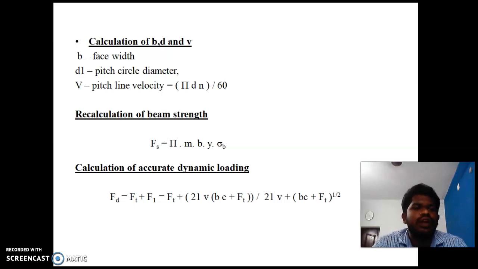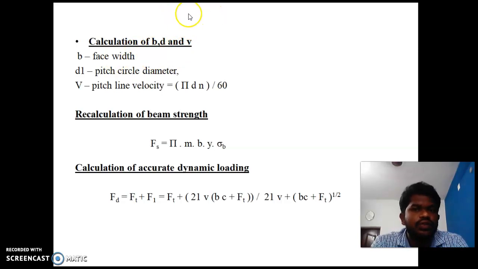From this module value we calculate the face width b, d1 the pinion pitch circle diameter, and the pitch line velocity. We initially assume b, the face width, equal to 10 times the module. The module value is calculated from Fs equal to Fd.